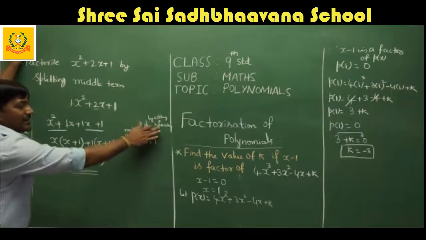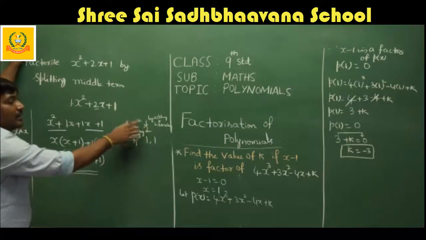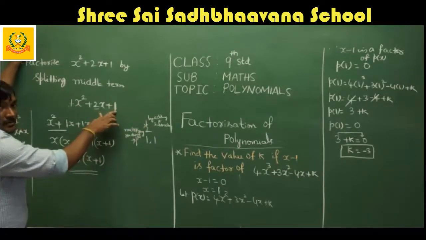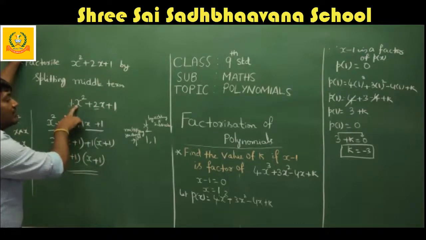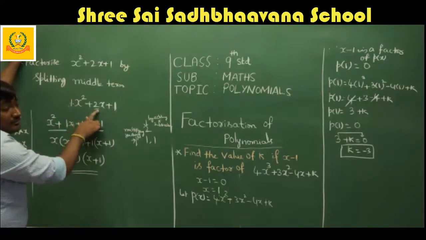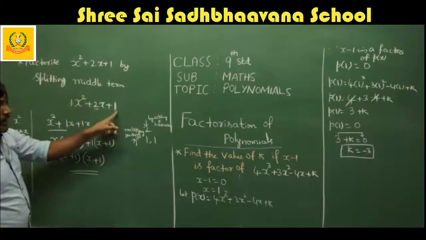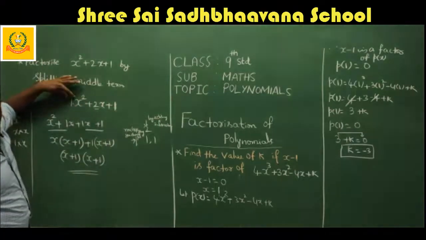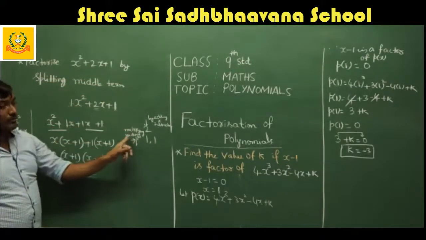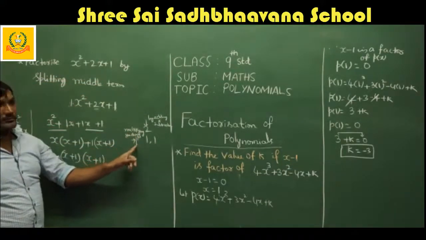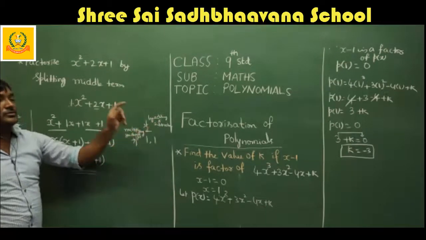By adding or subtracting, you should get 2. And what is the constant term? The last term, the constant term, is 1. And what is the coefficient of x square here? 1. So 1 into the coefficient of x square, which is 1, so 1 into 1 is 1. So multiplying you should get 1, and by adding or subtracting you should get 2.